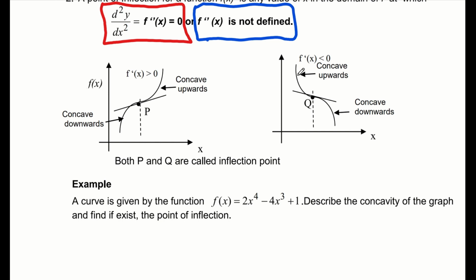So the concavity changes from concave upward to concave downward. Therefore the point Q is called an inflection point. So the conclusion is both points P and Q are inflection points.